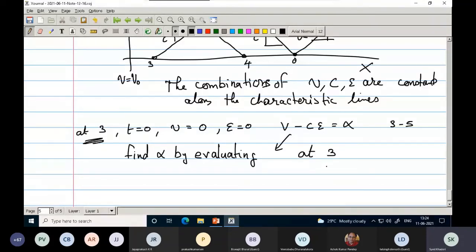At point 3, my V equal to 0 and strain equal to 0. So this 0 minus C into 0 will be equal to alpha. Therefore, alpha equal to 0 along this line.